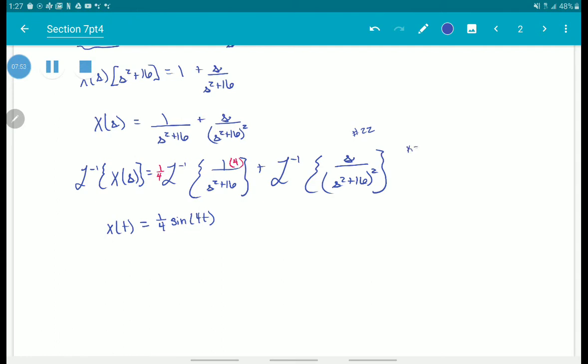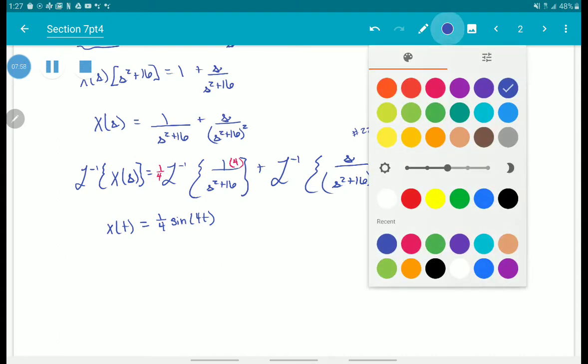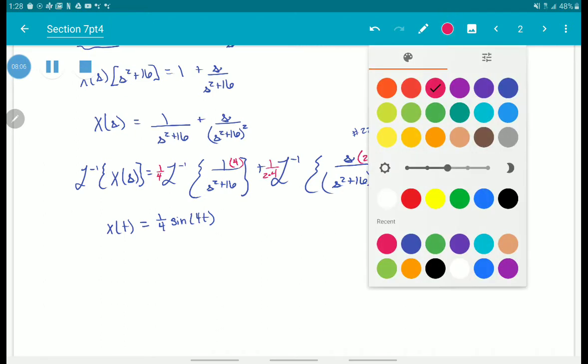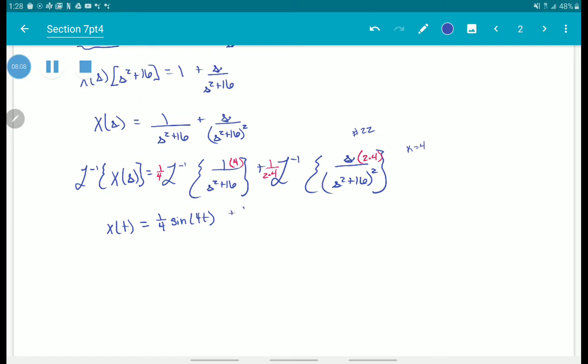So in this case, our k is 4. So we need a 2 times 4 in the numerator. We can multiply it in as long as we compensate out here. So that would be a 1/8. And this guy would end up being t sine of 4t.